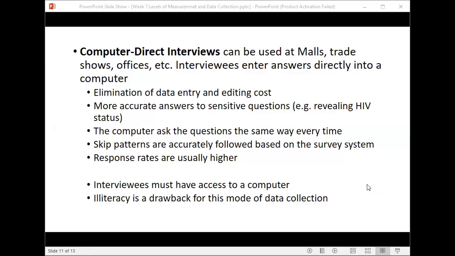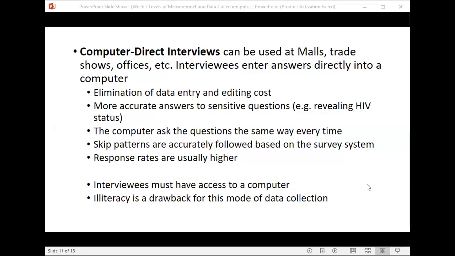Okay. And so the problem is that interviewees must be literate. Because if you are not literate, you can't go and be tapping on screens and answering questions. Our grandmothers who get the opportunity to travel will never touch those screens in the airport because they don't even know what it is. They don't want any problems at all. Right?